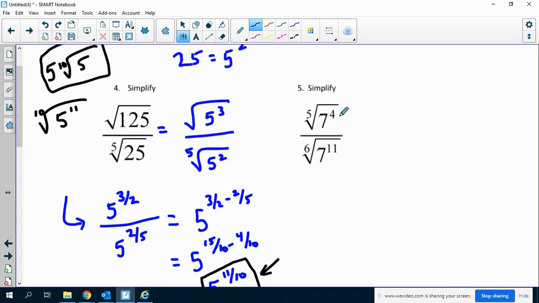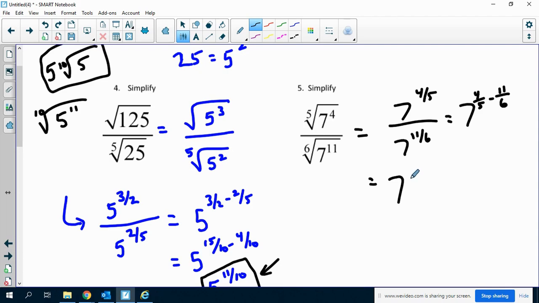Finally, I have a similar situation over here. So this is 7 to the 4/5 divided by 7 to the 11/6. So I'm going to rewrite this as 7 to the 4/5 minus 11/6. Let's get a common denominator. The common denominator is 30.